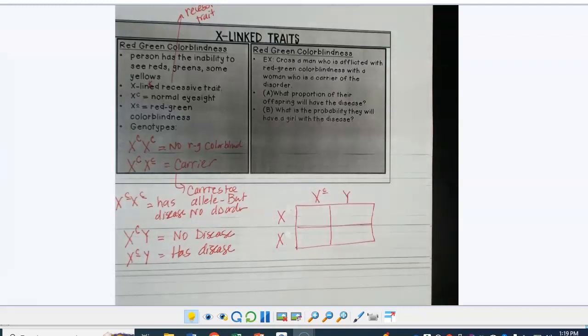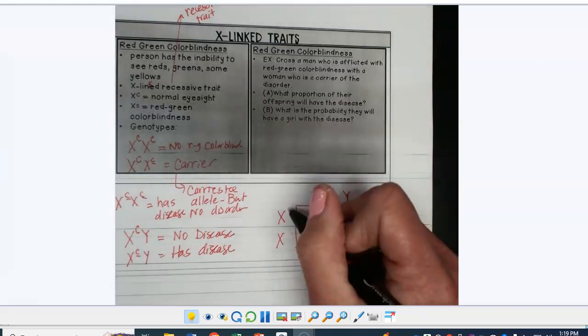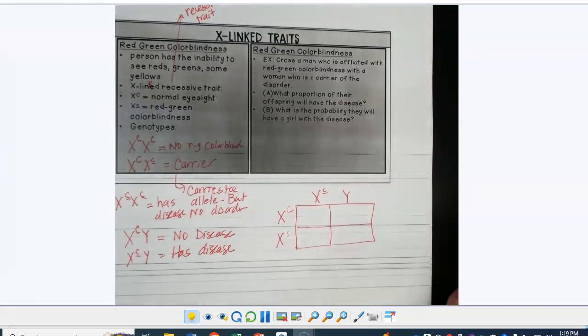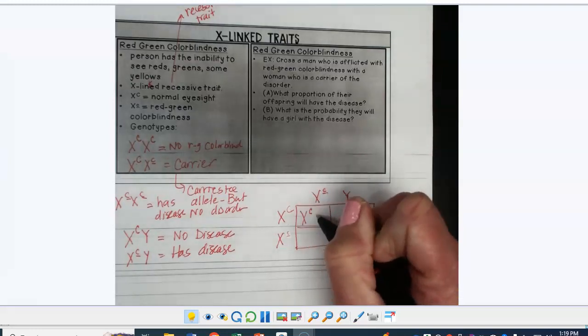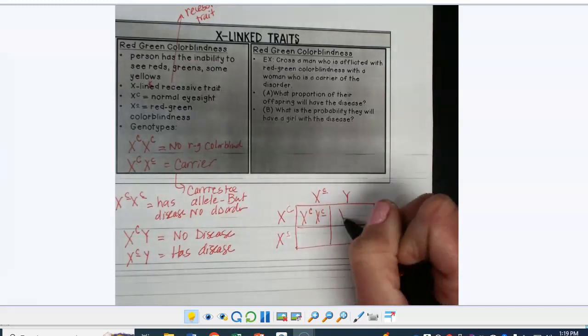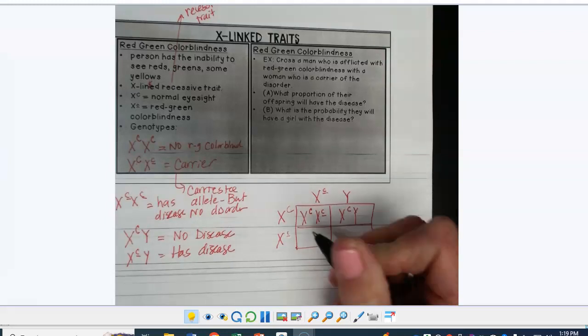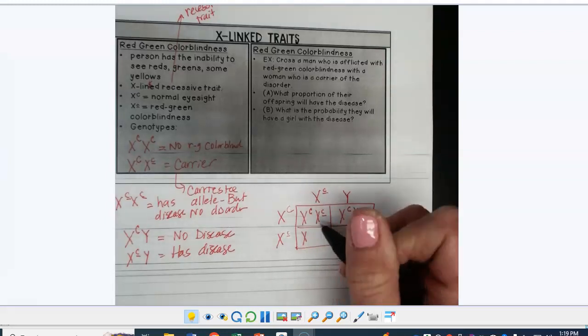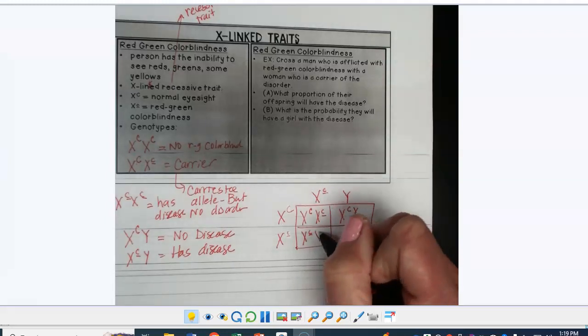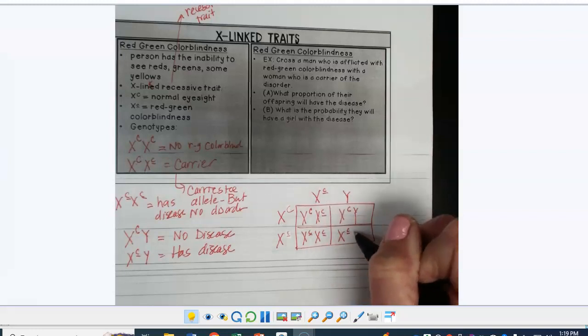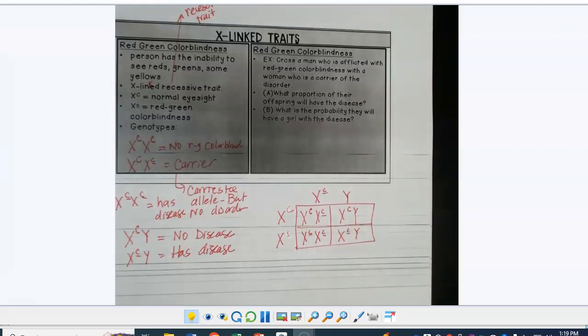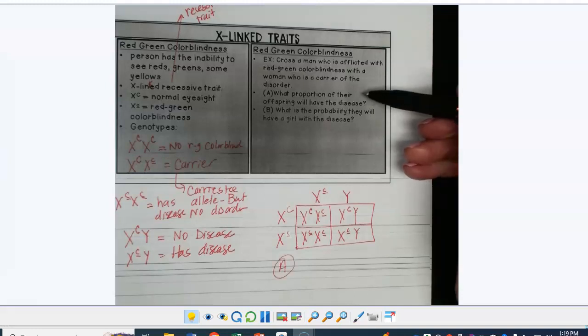My brain is foggy. Capital C, lowercase c. So we're going to put them together. There we go.